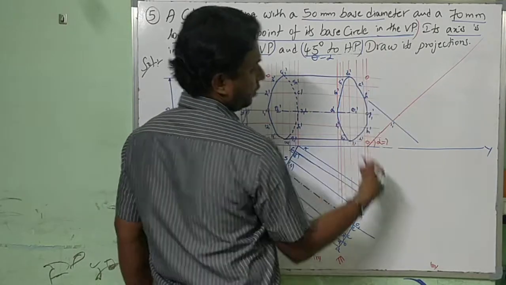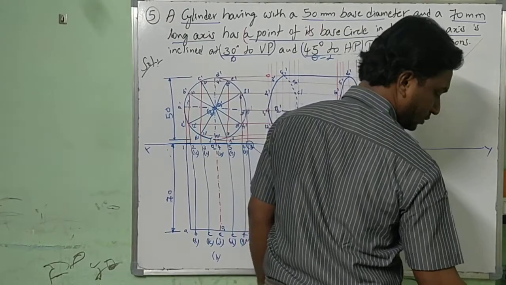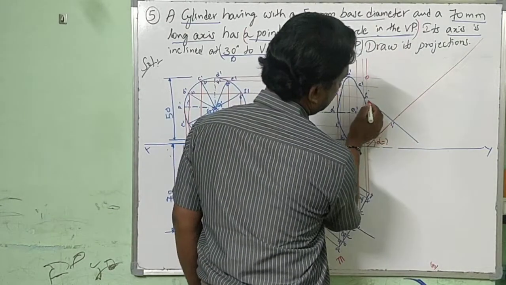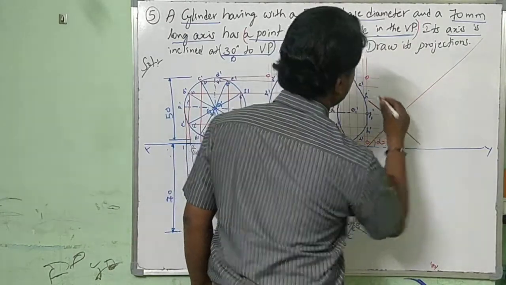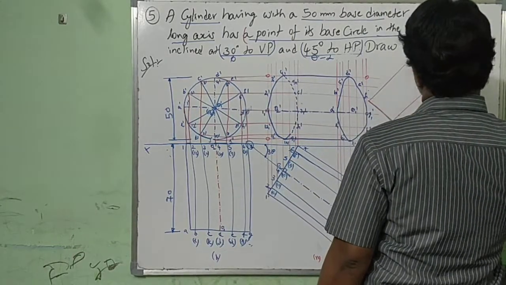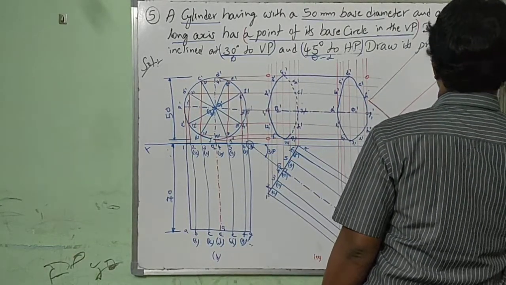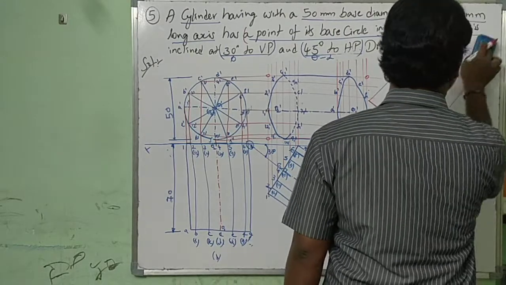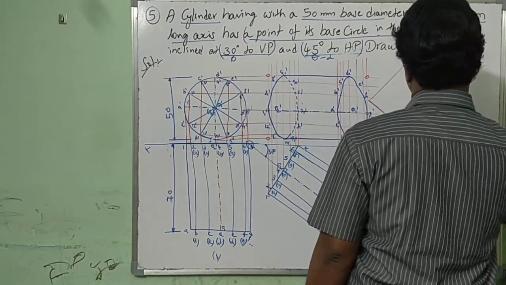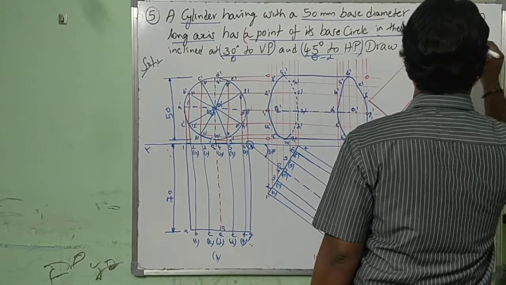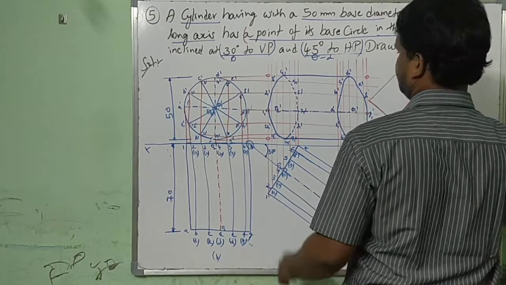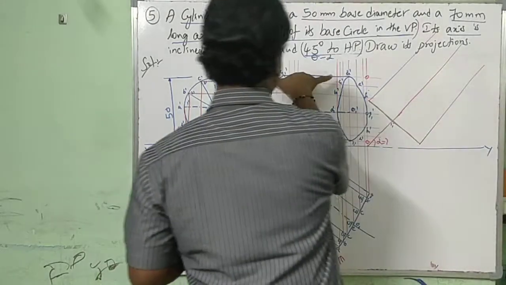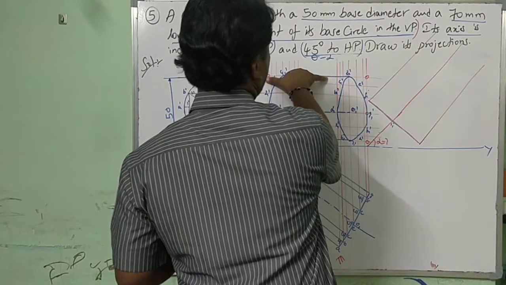Now this box I can draw with the help of rotating itself. What length is this? Total length has to become height.